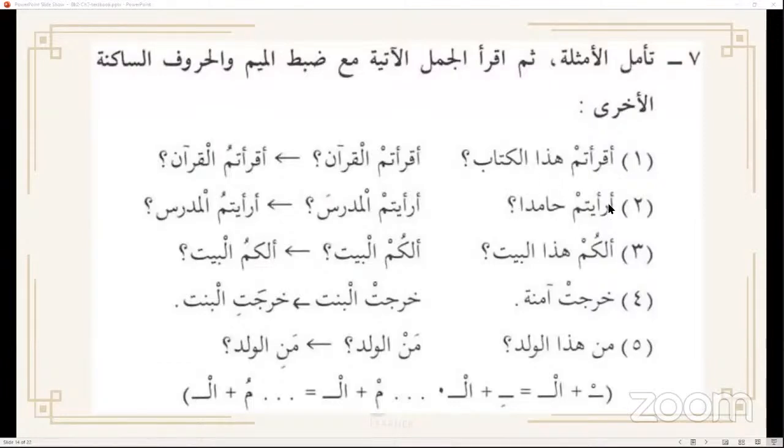Why? Because Ra'aytum contains both fi'l and fa'il. If the question is Ra'aytum who or what, and it is answered by another word, that becomes maf'ul bihi. So hamidan is maf'ul bihi, and maf'ul bihi, maf'ul fihi, all types of maf'ul are mansoob.